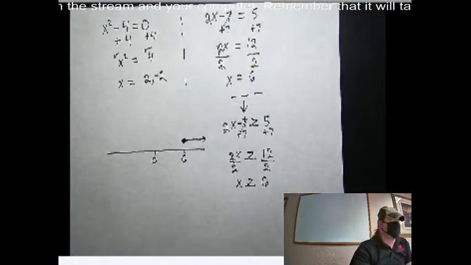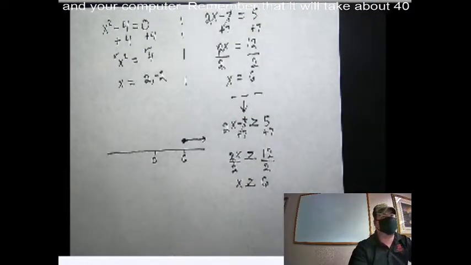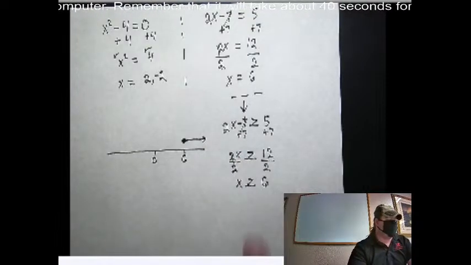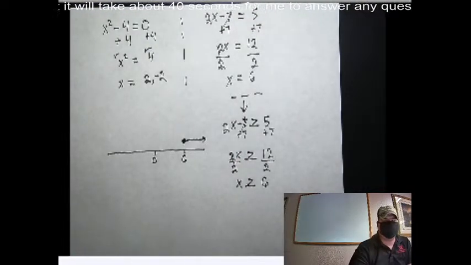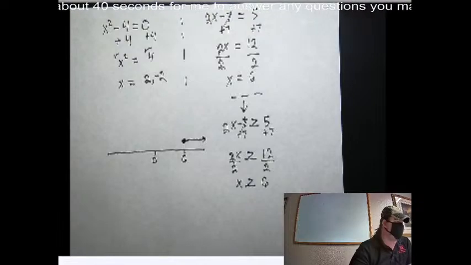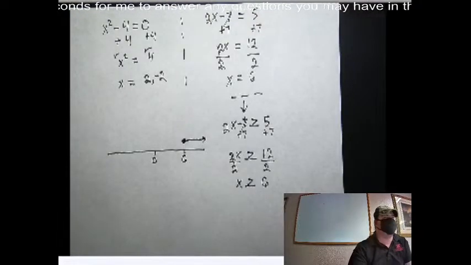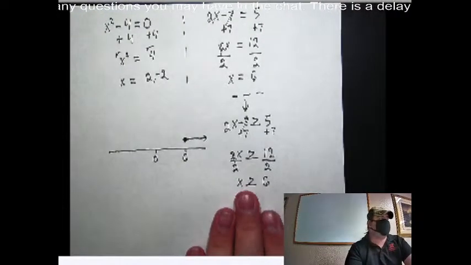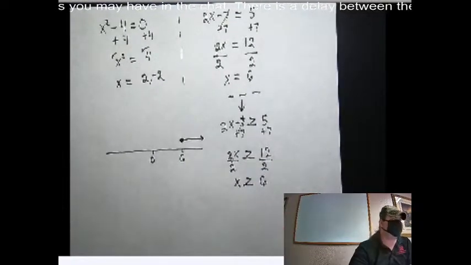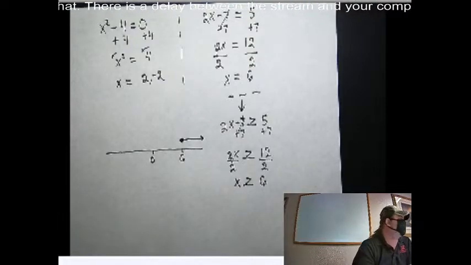So as long as we plug in something larger than 6 or equal to 6 into x, it'll make this thing work. Any questions? Okay, so remember, this is what we call an inequality. And they don't show balance, they show weight. Any questions? All right.